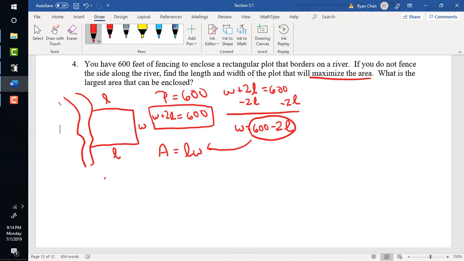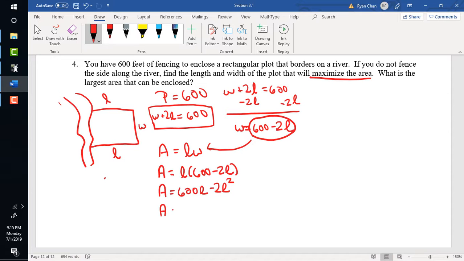Because if I replace it, I'm just going to have a bunch of L's as opposed to L and W, right? Because W gets replaced with 600 minus 2L. So it'll be L times 600 minus 2L. So I have 600L minus 2L squared.